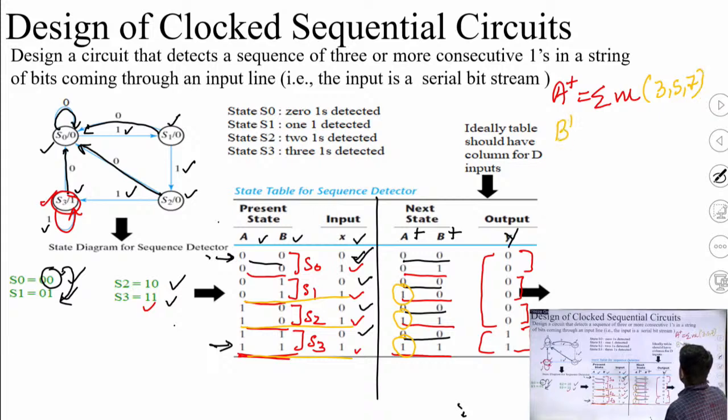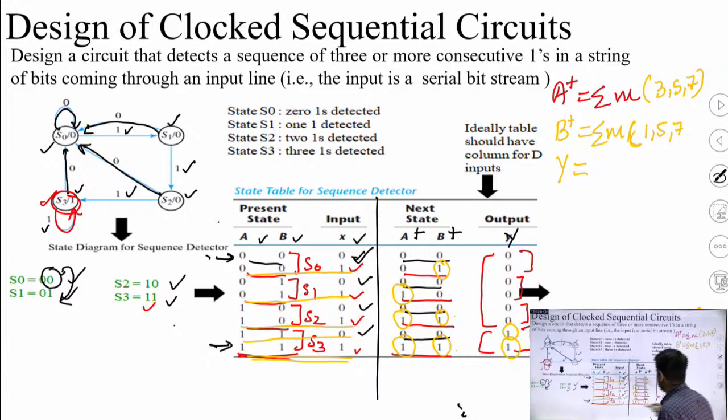Similarly, for B plus, the 1s correspond to 0 0 1, that means 1, this one corresponds to 5 and the last one is 7. So, minterms for B plus are 1, 5 and 7. Similarly, minterms for Y, these are the 2 ones which correspond to 1 1 0 and 1 1 1, that means minterms for Y are 6 and 7.